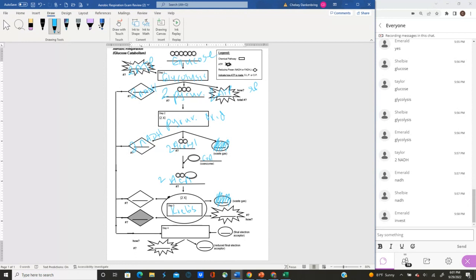So we're going to put the net total here. So that's going to be 2 ATPs. And again, that's through substrate level phosphorylation. They stole a phosphate group. We're going to get 2 FADH2. And then 6 NADH.